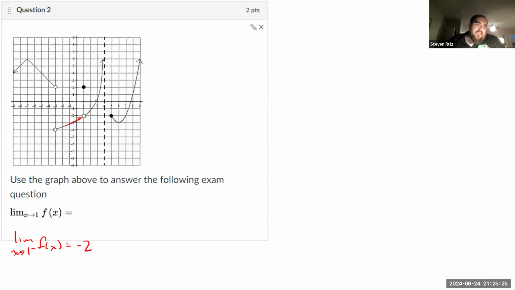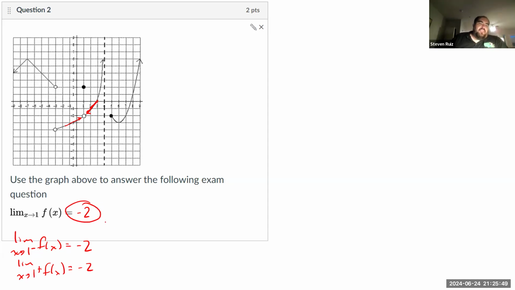Now, what about when x approaches 1 from the right? So it looks like it's approaching the same value. So the limit as x approaches 1 from the right of f of x is also -2, which means this limit has to be -2. One thing I want to point out is that it's irrelevant.